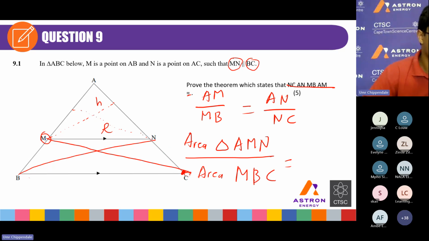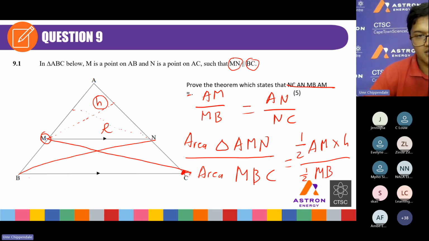In that particular case, because it's the area, it's going to be half of our base, which is AM, times H, the vertical part we have over here. All of that is divided by half of MB, which is the base in this one.